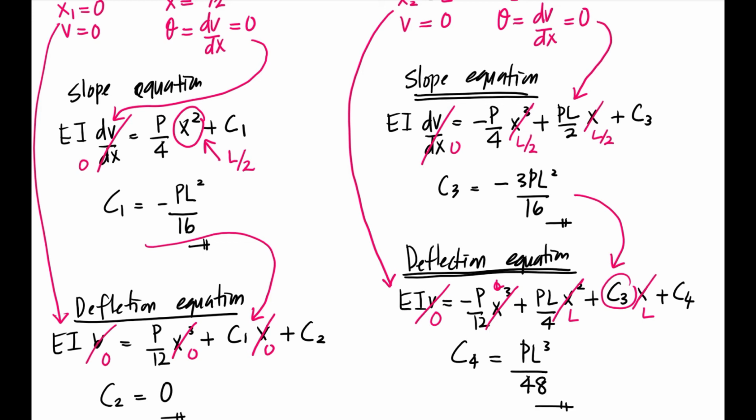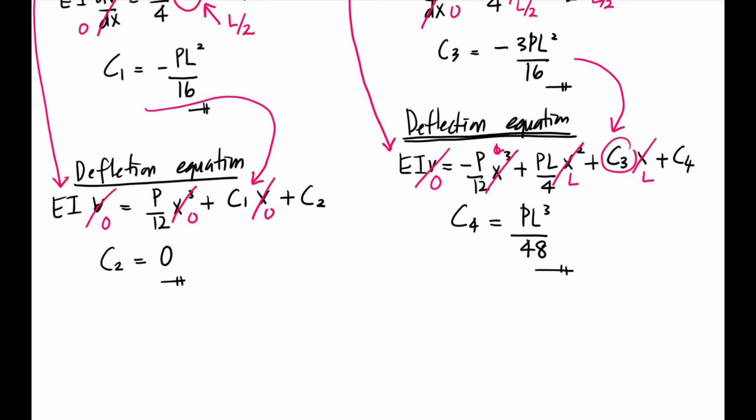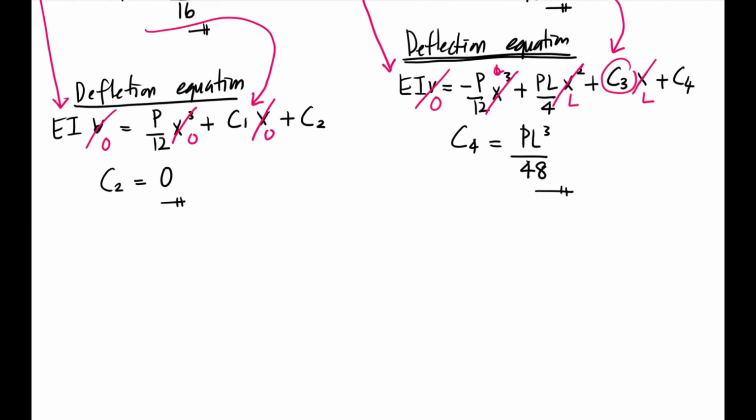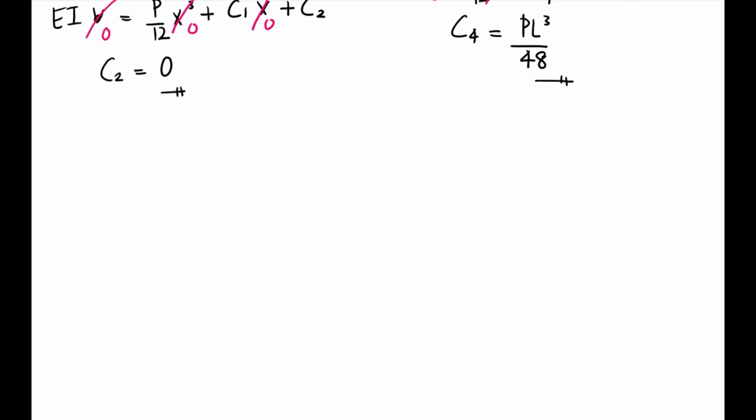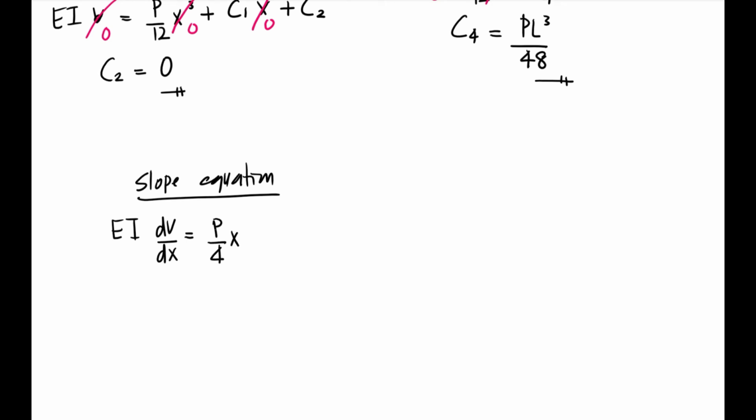So you have defined C1, C2, C3 and C4. At the final step, you need to write down again the deflection equation and slope equation. At the end, slope equation: EI dv over dx is equal to P over 4 x squared minus PL squared over 16.